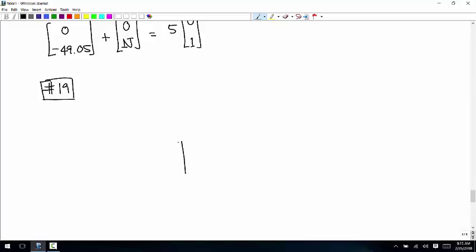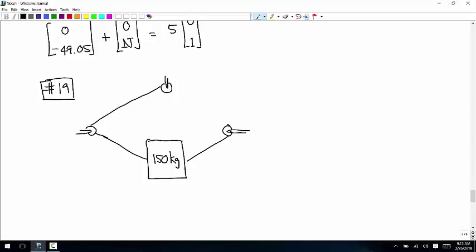Okay, so we have this 150 kilogram mass, and okay, so it's a setup like this, and it looks complicated.